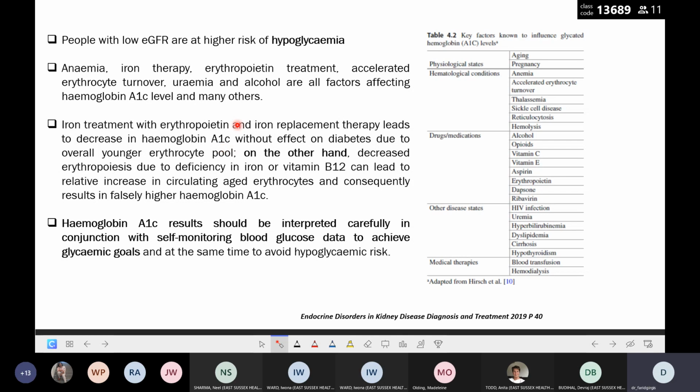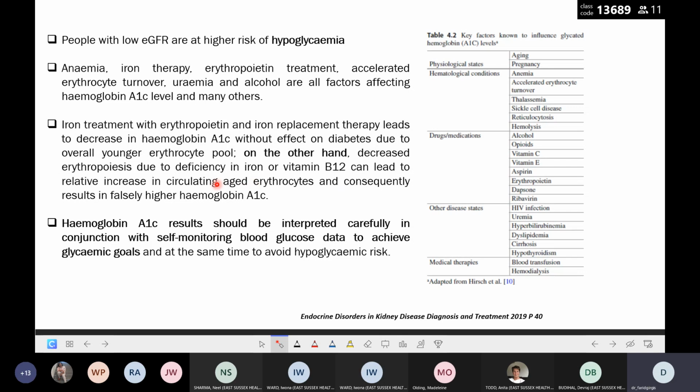So you may get low hemoglobin A1C, okay, without any effect of diabetes, due to the overall younger erythrocyte pool. Or on the other hand, if there is decreased erythropoiesis due to iron deficiency or B12 deficiency, this will lead to an increase in circulating aged erythrocytes, which will lead to high hemoglobin A1C, while the patient's diabetes is not high actually.